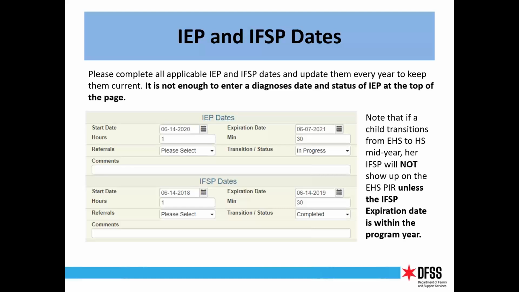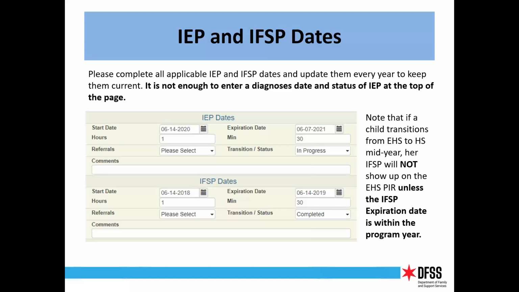Not only that, we need to keep them current. So if you put in the initial set last year and that expiration date has now passed and their IEP was renewed for another year, you do need to go back into the page and update the system.